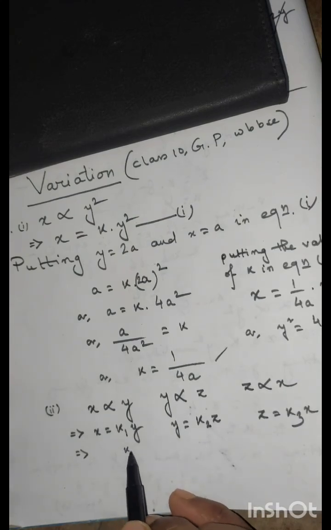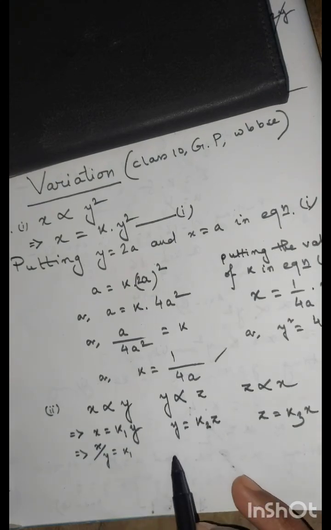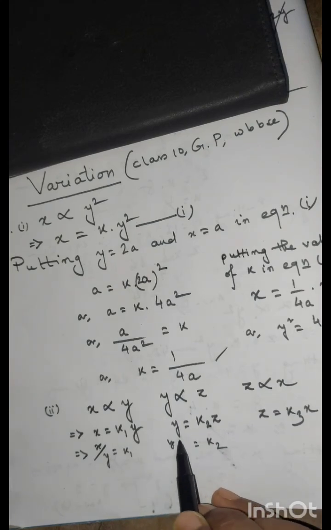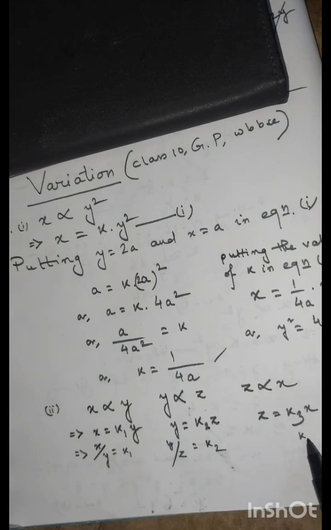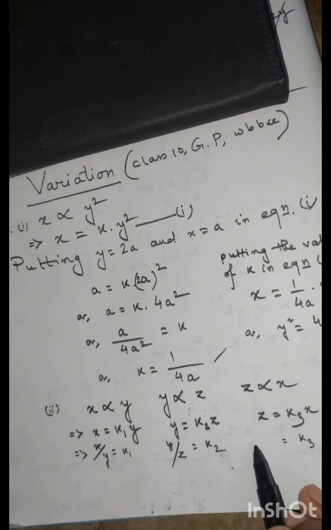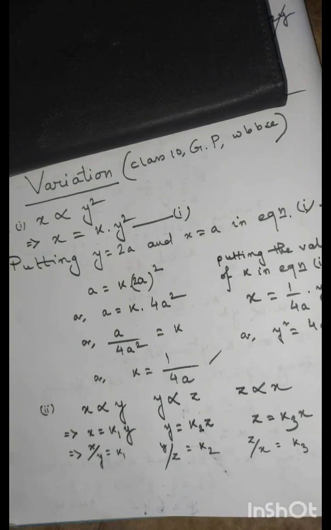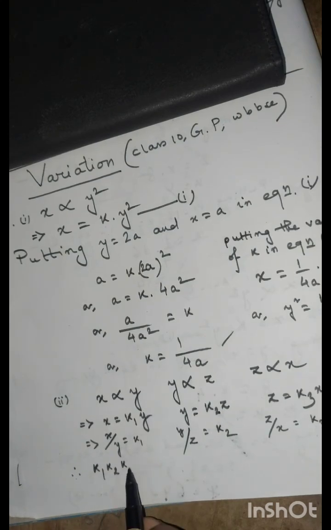So k1 equal to x by y, k2 equal to y by z, k3 equal to z by x. And if we find the product of these three constants, we get therefore k1 into k2 into k3.